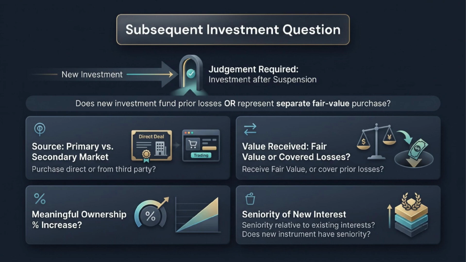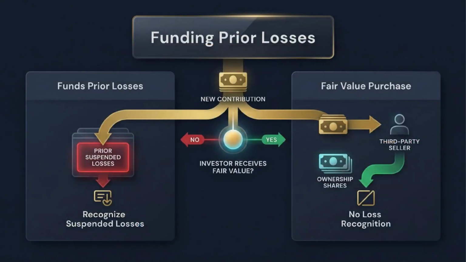Source of purchase matters. Fair value received matters. Ownership increase matters. Seniority matters. This is one of those areas where the accounting memo cannot be one sentence long. The facts need to be read carefully. The substance of the new money drives the accounting.